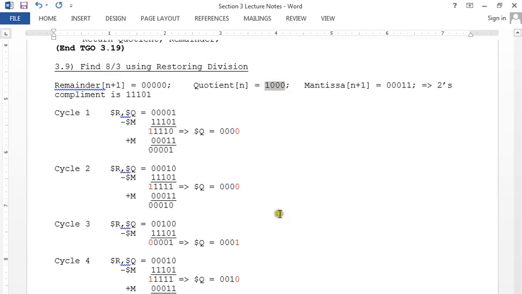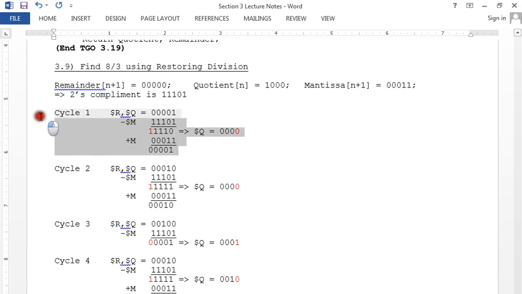So we get that there. The mantissa is n plus 1 bits, and it's 3, right? Now, it's a very good idea to get the 2's complement of the mantissa, because you're going to be subtracting the mantissa every iteration. So the 2's complement of 0, 0, 0, 1, 1 becomes 1, 1, 1, 0, 1.